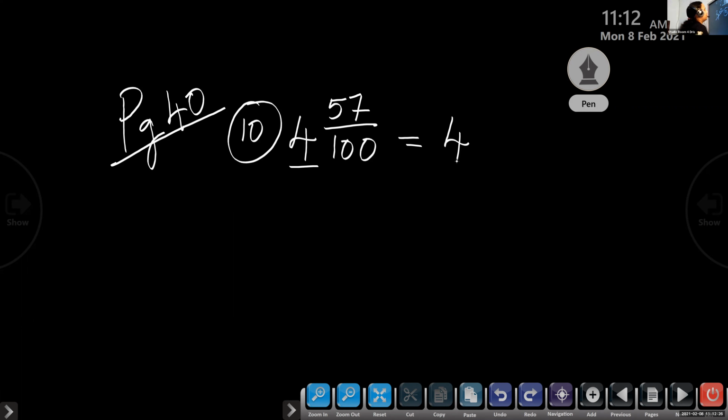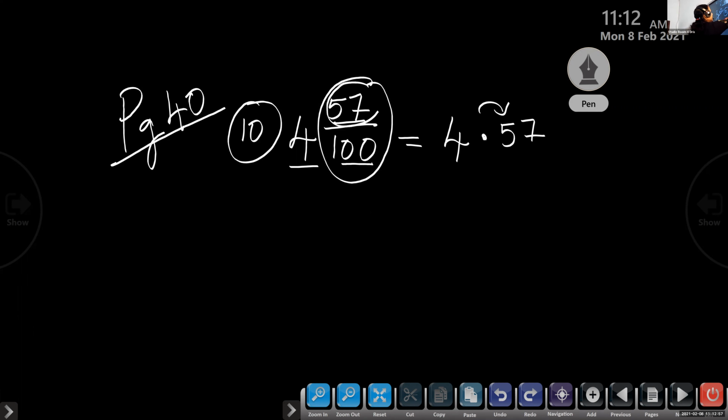After the whole number part, we have to place the decimal point. Now look here, we have the fractional part. We have to write the fractional part after the decimal point. So 4.57.